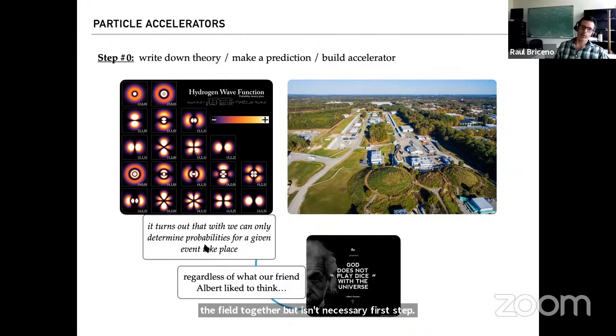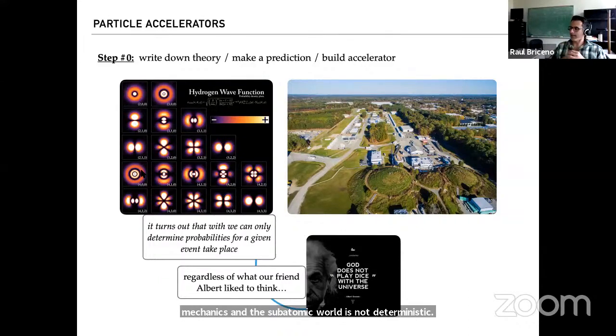What we can actually predict from quantum mechanics, meaning the rules that govern the subatomic world, are probabilities of events. We can only predict the probability that something will happen. Quantum mechanics in the subatomic world is not deterministic.